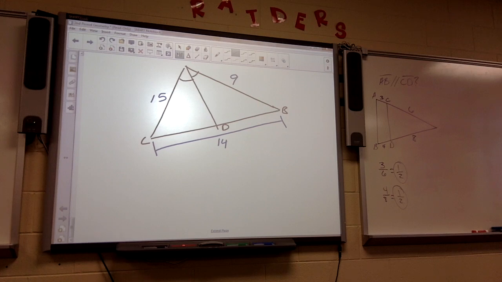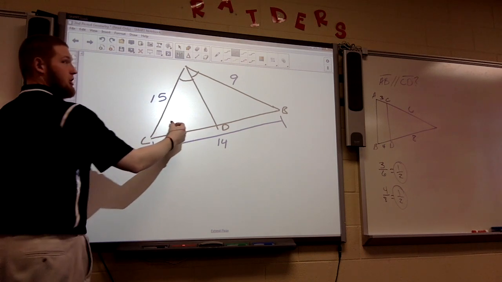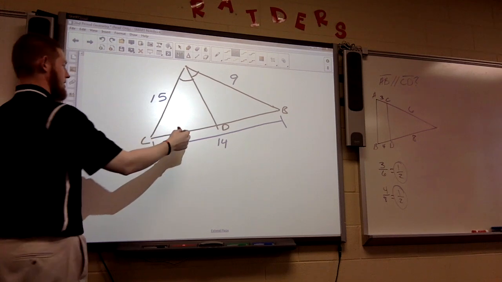So Brooklyn, if I'm looking for the length of DC, what should I put in for DC? 14 minus x. Close. If I'm looking for DC, then DC should be the what variable? If it's unknown, x. Good.